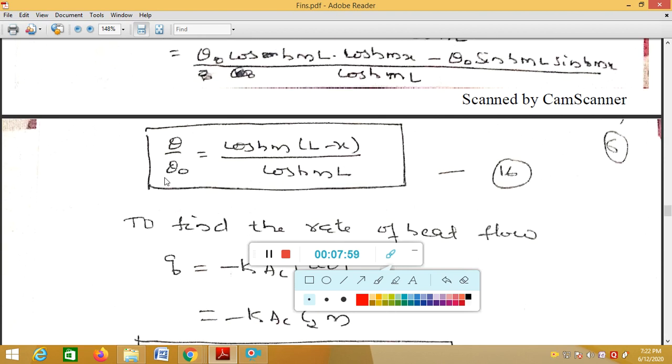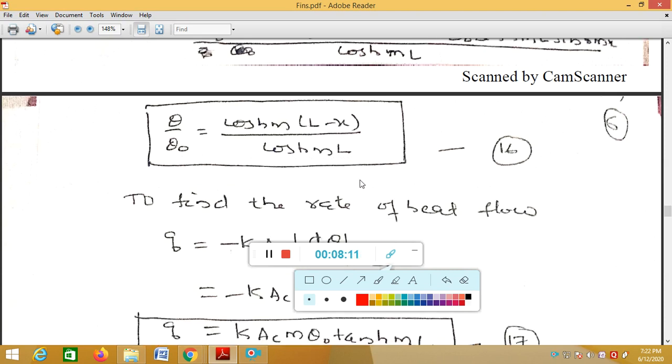You will get theta by theta 0 equal to cosh m(L minus x) divided by cosh mL. So this is the temperature distribution along the fin whose tip is insulated.